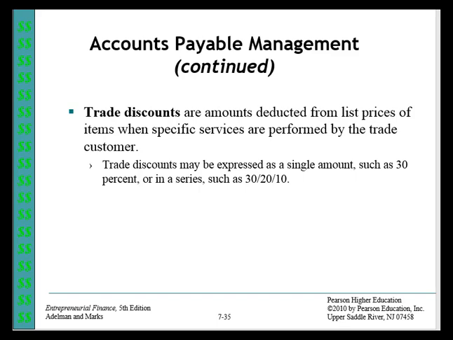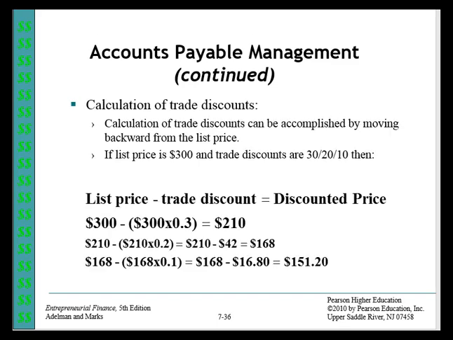But there could be other contractual arrangements like installation costs, etc. So there could be a variety of contractual obligations that you can meet. As we go down the list, when we talk about this 30, 20, 10, 30% of the price is the first line item. That would be of $300. 30% of that is $90, so you would pay $210 if you only met that one obligation.